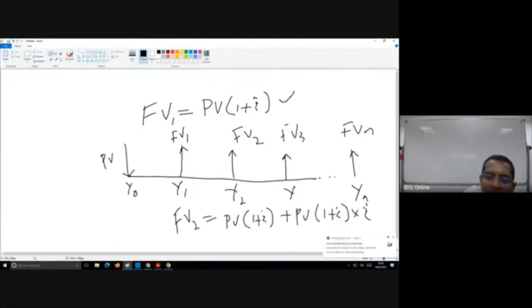Then for year 1, you reinvest that and you will get year 2 future value. You are investing what you are getting. If you reinvest FV1, you will get something. So F2 will be FV1, again, this is the investment, FV1 into interest, right?